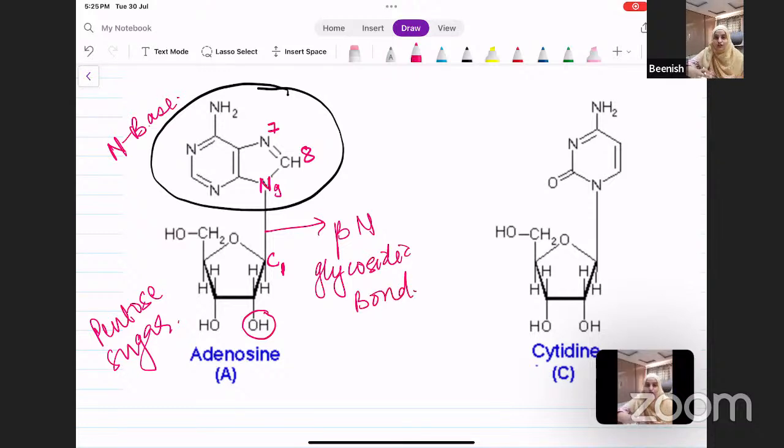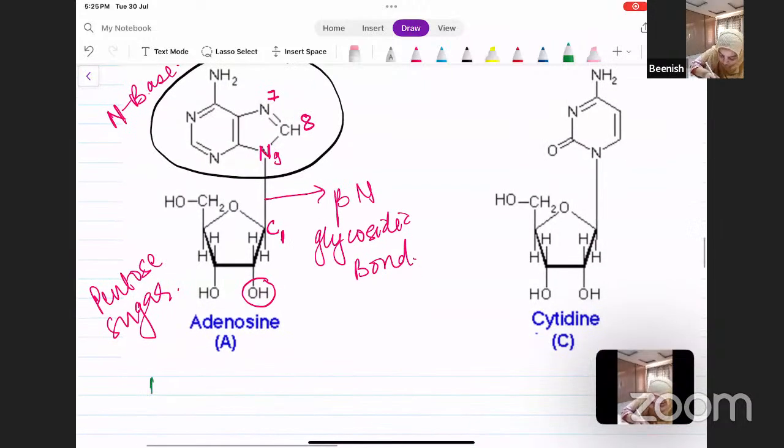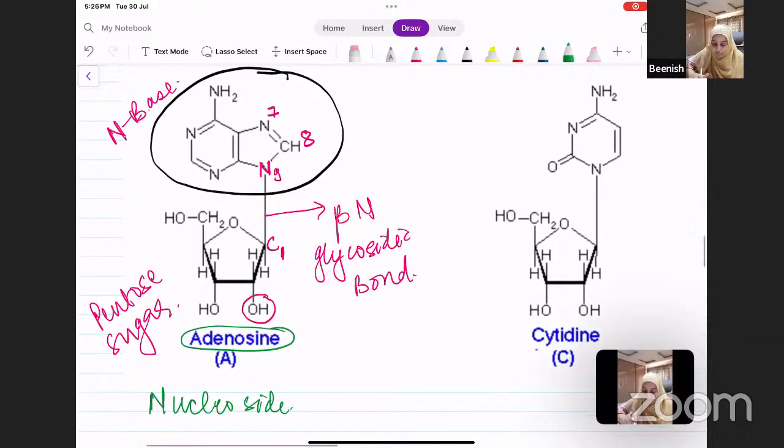So this structure shown here is your nucleoside structure. This is a nucleoside, and since the base in the example I've taken is adenine, this is adenosine. I hope it's clear.